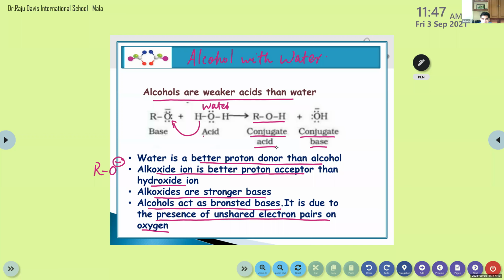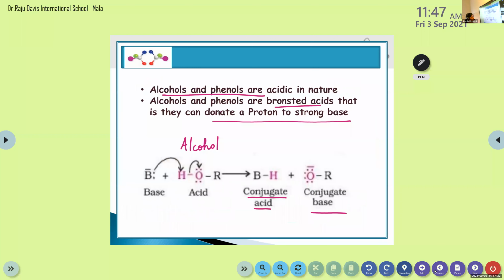Yeah, sure. Can I say it again? In the case of alcohols, they can act as both Bronsted acid and Bronsted base. You have to remember this point. In the previous reaction, here you can see that this alcohol group will donate one H plus ion to the base and act as a Bronsted acid. Isn't it?